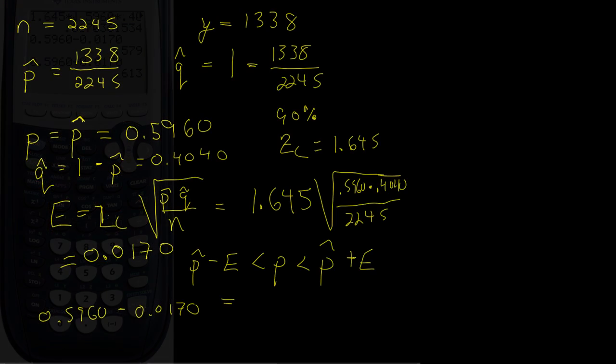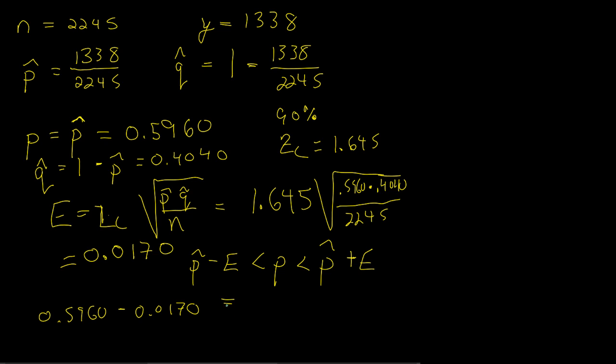And for the upper end, we just change this minus sign to a plus sign, and we get 0.613. So our interval becomes 0.579 is less than P, less than 0.613. And so we have our proportion with a 90% confidence.